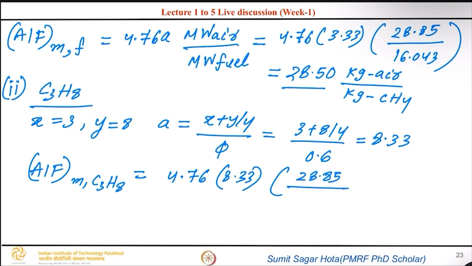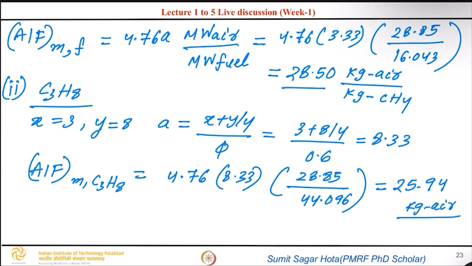What is the molecular weight of C3H8? 44.096. Write down accurate values, then it will be good. When you calculate, the value comes out to be 25.94 kg of air divided by kg of C3H8.